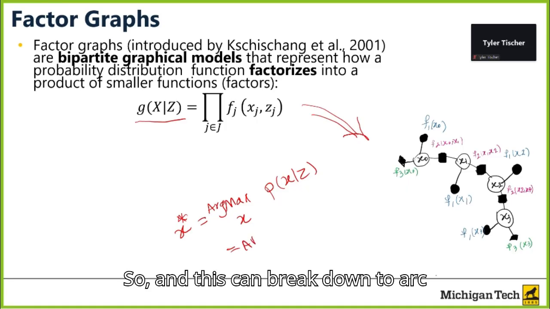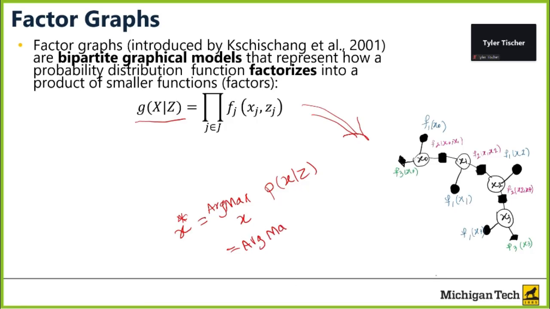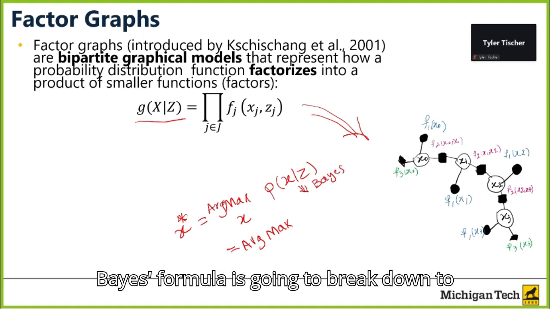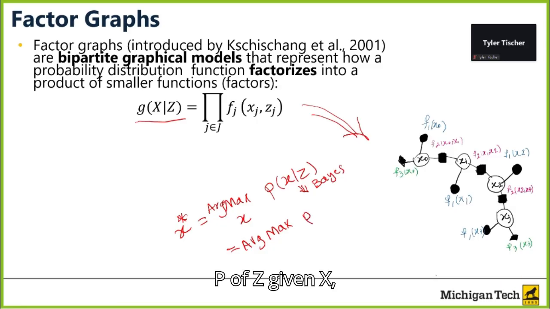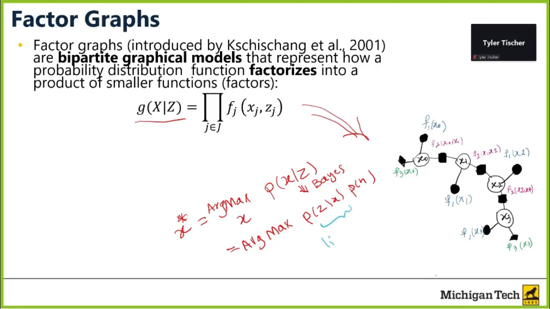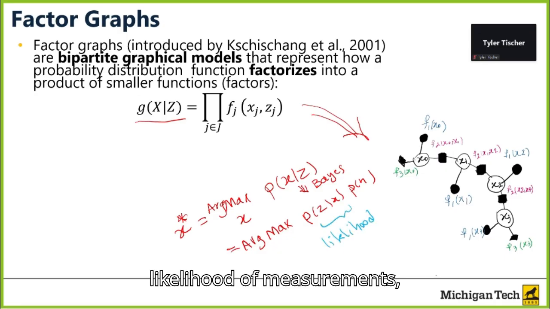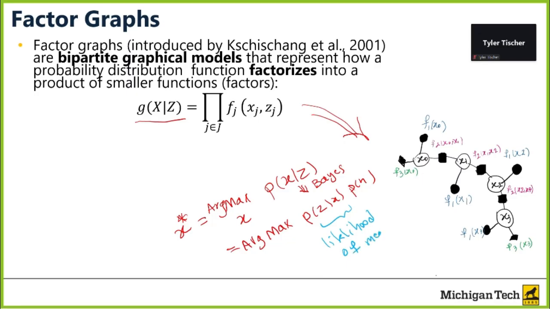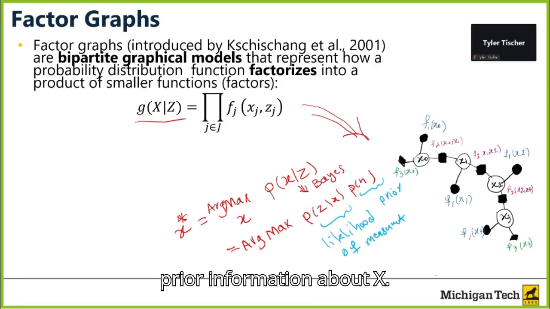So this can break down to argmax. If you use the Bayes formula, this is going to break down to P of z given x multiplied by P of x, and this P of z given x is the likelihood of measurements, and P of x is the prior information about x.